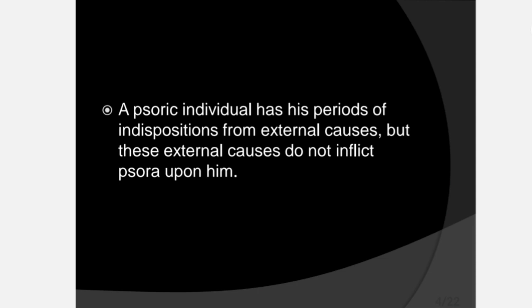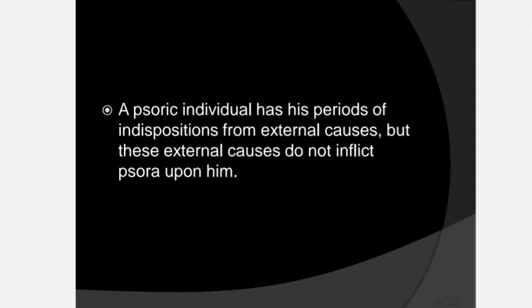I hope you all have remembered it, or if you don't, then go to your book and read about that, or if you prepared any notes, go to those. So what is psora?